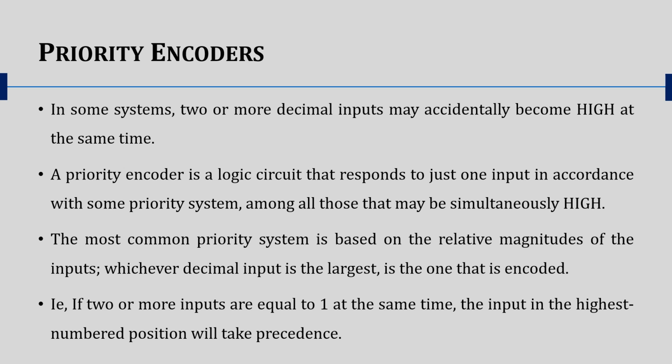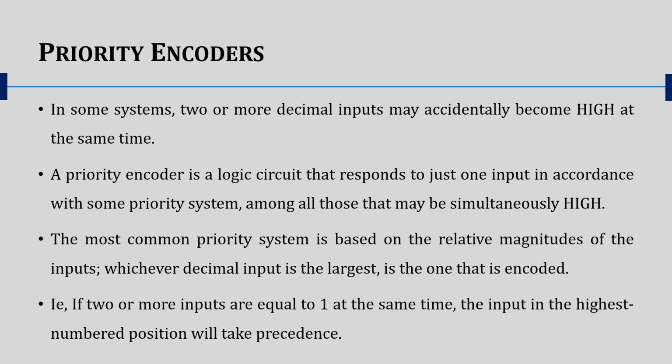It is nothing but a logic circuit which responds to just one input in accordance with some priority system among all those that may be simultaneously high. So among all the input combinations which become high, it selects only one input in accordance with some priority.